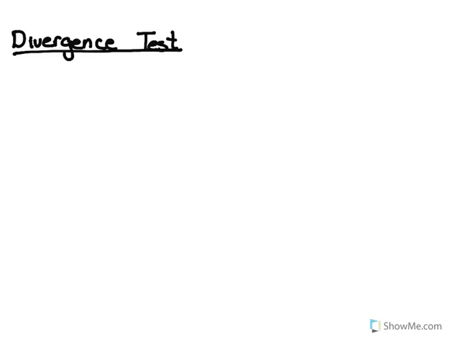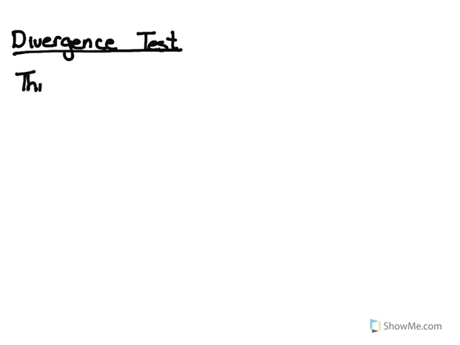Now the divergence test, as it sounds, is a test to determine if a series diverges. Next lecture we'll also talk about a few convergence tests, which are, as they sound, tests that determine if a series converges. But today let's talk about the divergence test.